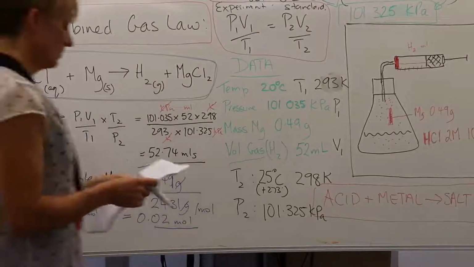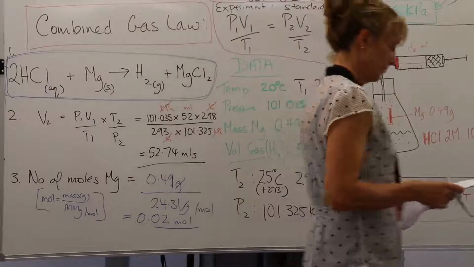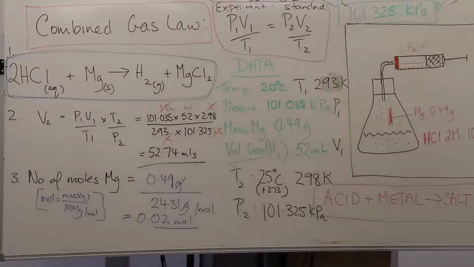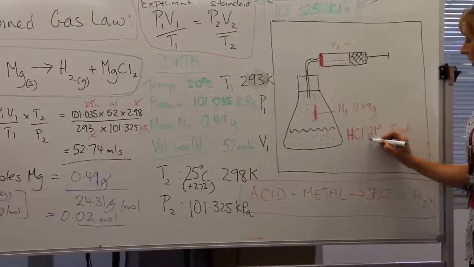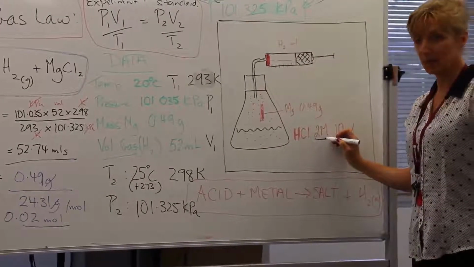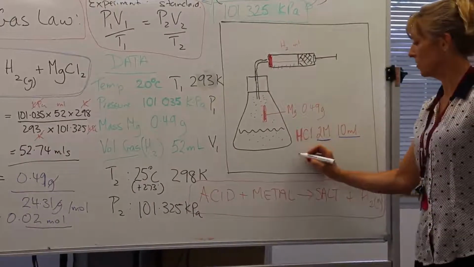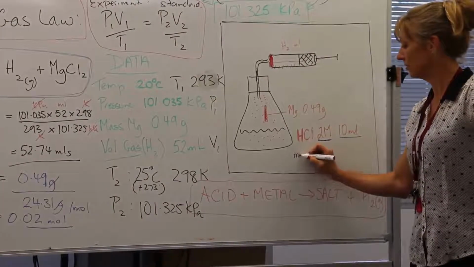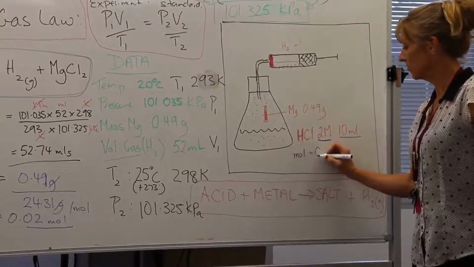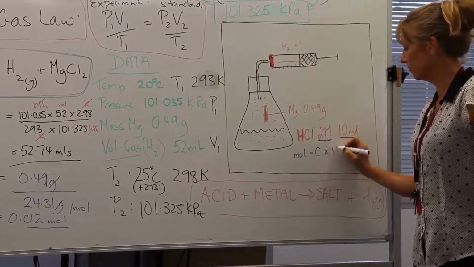So how do we do that, do you know? We've got a concentration, 2 molar. That means 2 moles per litre, but we don't have a litre. We've only got 10 mils. So how you work it out is moles equals concentration times volume.